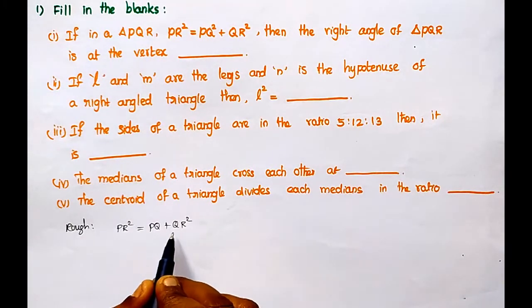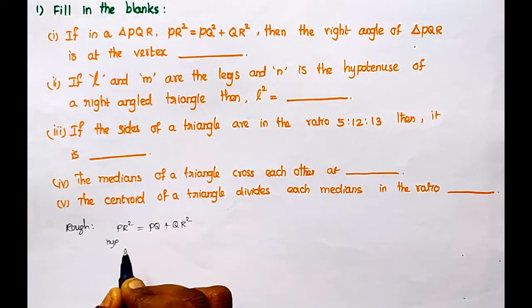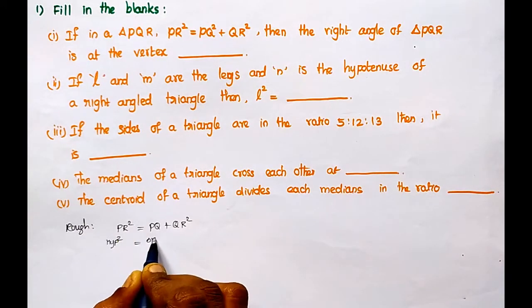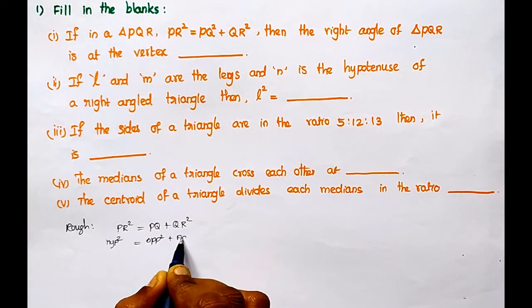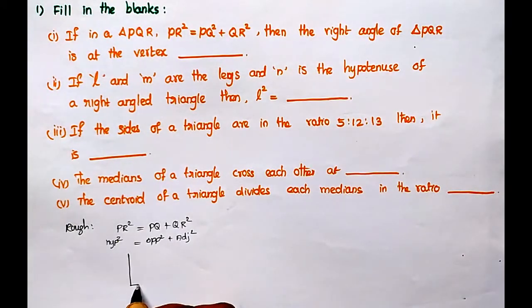Listen, it is the Pythagoras theorem. Here PR is the hypotenuse. Hypotenuse square equals opposite square plus adjacent square. That is the formula. So here the vertex is Q.